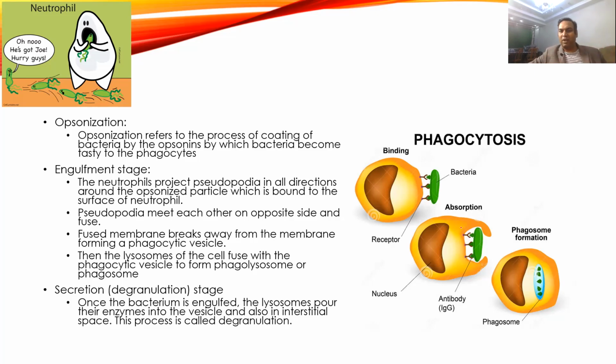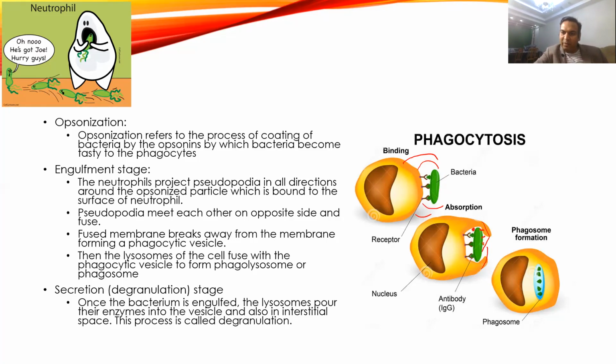Once opsonization happens, the phagocytic cell is attracted towards the bacteria, and now they attach. The neutrophil first attaches with the opsonins present on the bacteria, and then forms pseudopods. The pseudopods wrap around the complete bacterium. So here, as it has happened on this side, here also it will start attaching.